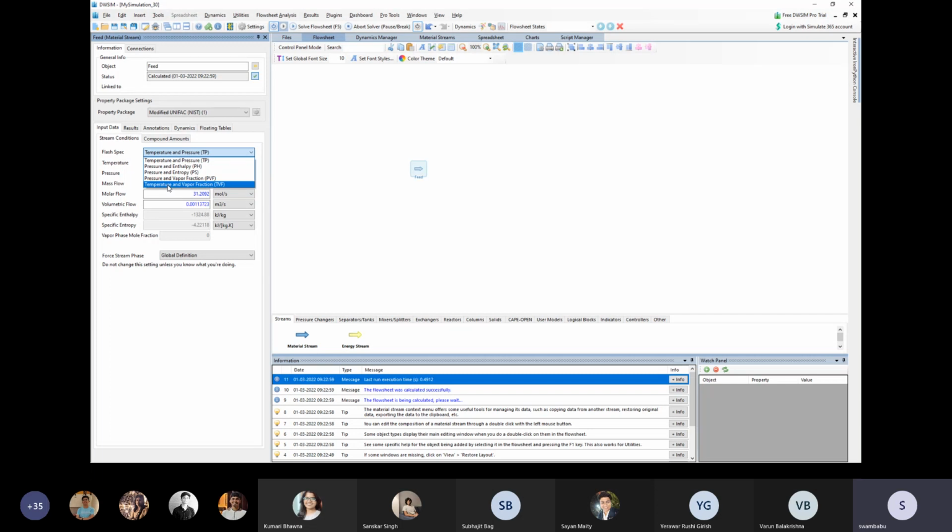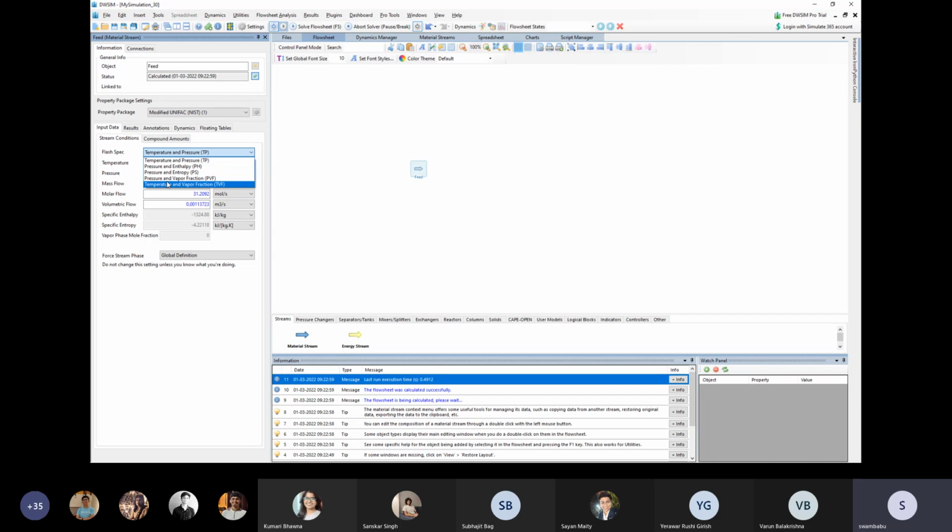These are the flash specifications, total 5. That is more practical oriented, but you can get anything. Any other flash specifications, like temperature and volume or pressure and volume, are possible.